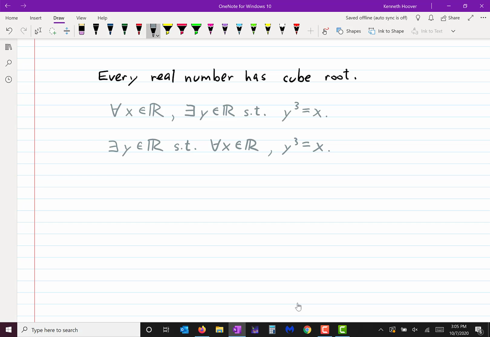But here's something you need to be really careful about. Changing the order of those quantifiers changes the whole statement completely. It does not even mean the same thing anymore.